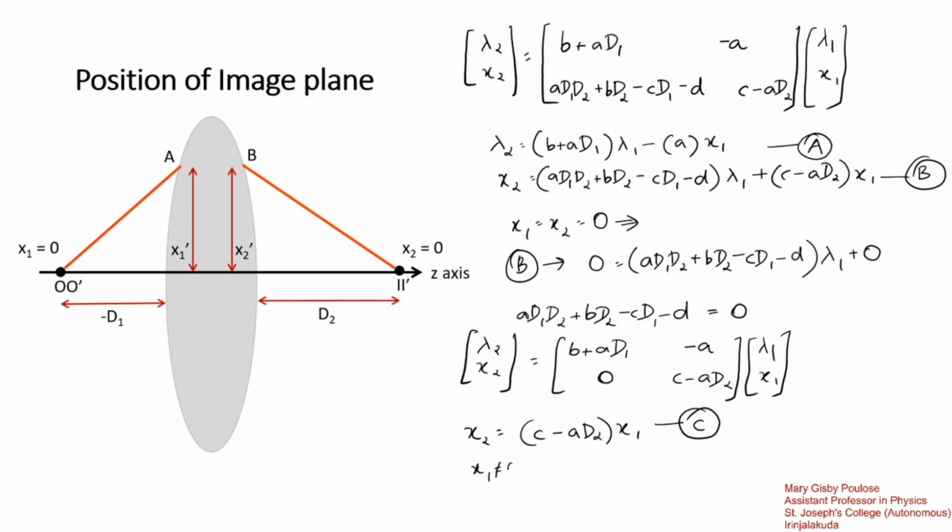So this equation C becomes valid in all the cases. And if I write x2 by x1, I get c minus a d2. What is x2 by x1? Height of the image divided by height of the object gives the magnification of the system, small m.